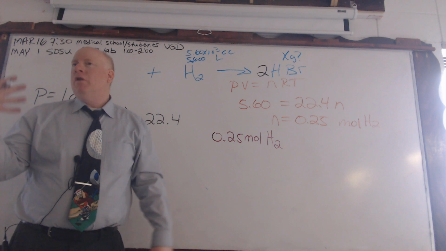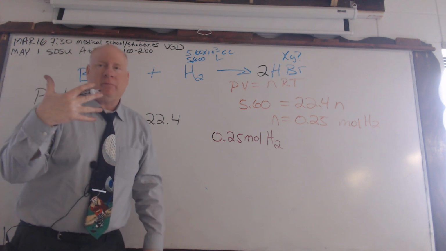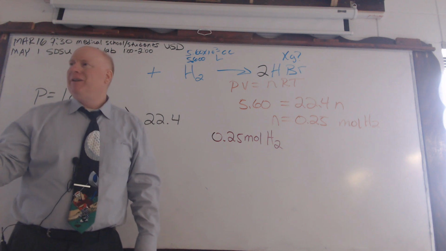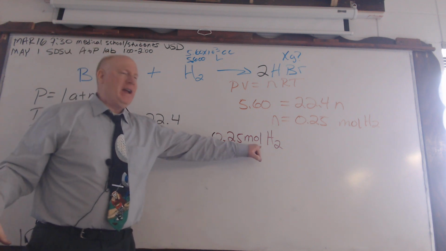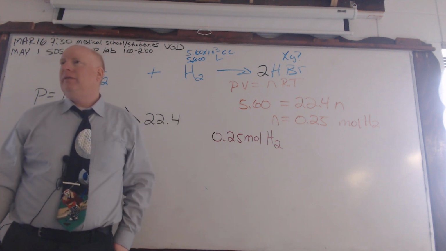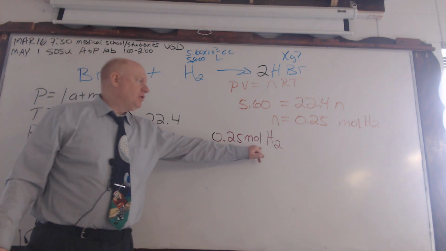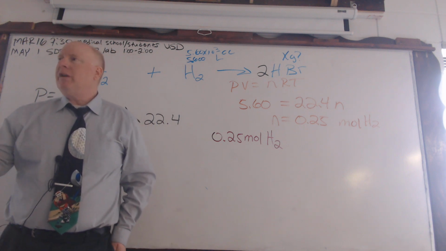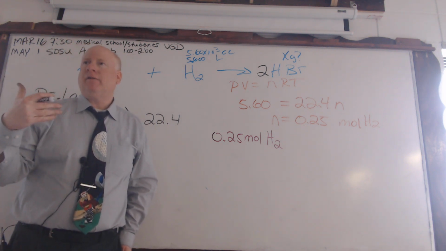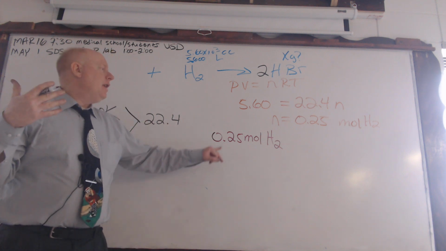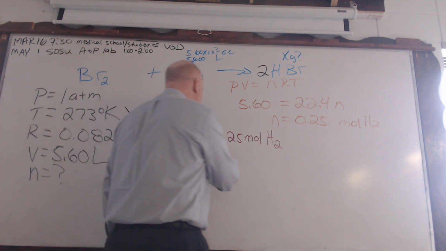I've noticed on a lot of your papers, it's just human nature, I know. But if we were looking for a mass of this, why are people going to be off by a factor of 2? Because they only put moles of hydrogen instead of moles of hydrogen 2. You're going to be off by a half, or if you want to say a factor of 2, if that makes sense. Now we've got moles of hydrogen.